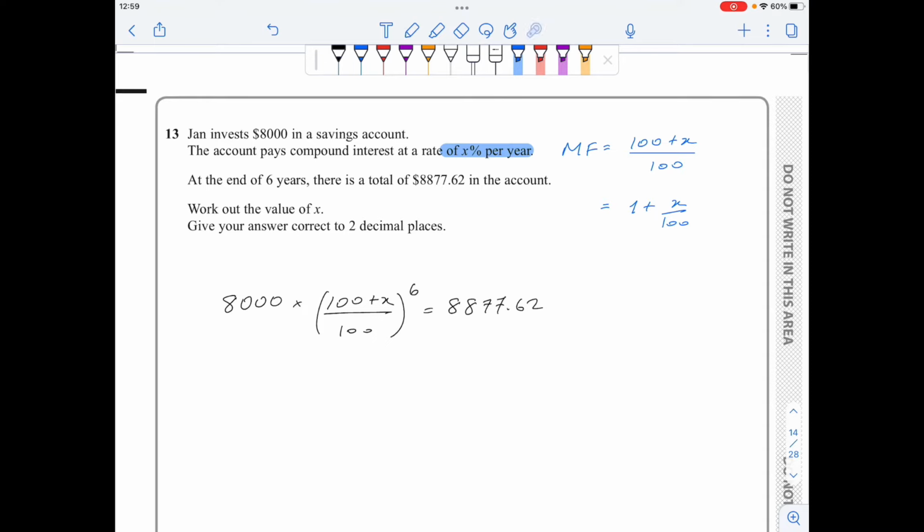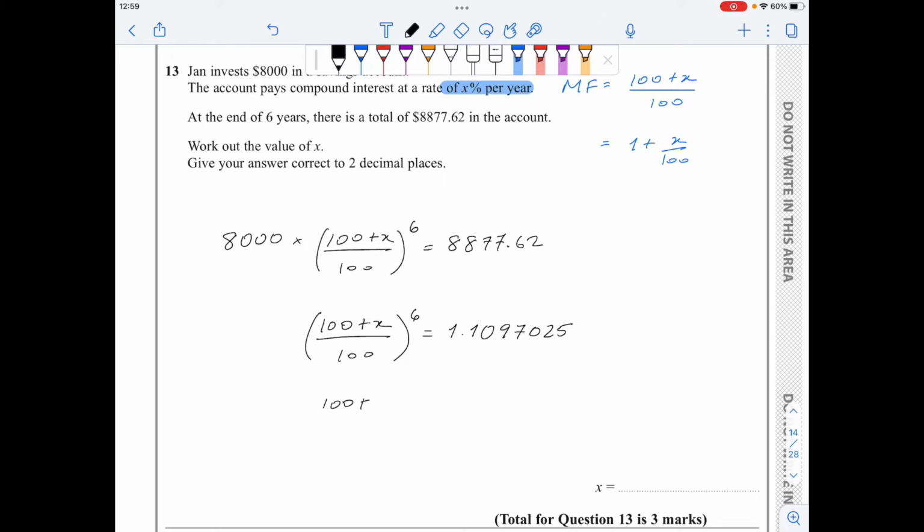So let's start by getting rid of the 8,000 using division. So (100 + x) over 100 to the power of 6 will be equal to 1.109705. So (100 + x) over 100 will be the 6th root of this number, which will give me 1.0175.